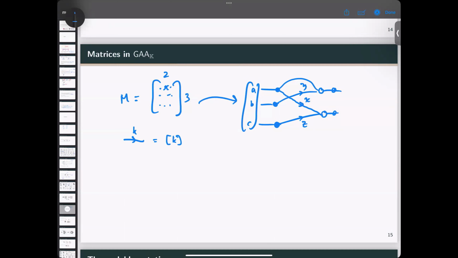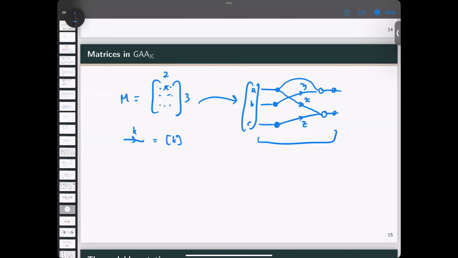You can also show that if I sequentially compose two of these representations of matrices, then this overall diagram is provably equal, under the equational theory, to the diagram that corresponds to the matrix you would obtain by multiplying those two matrices together.